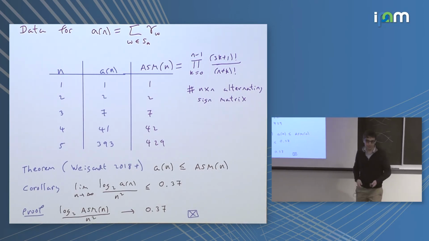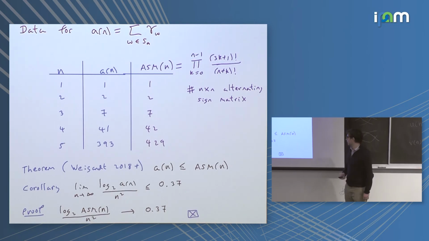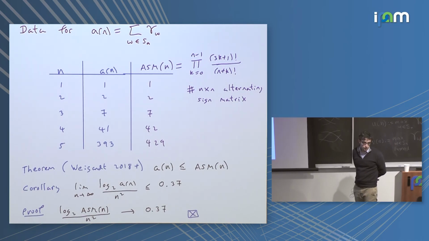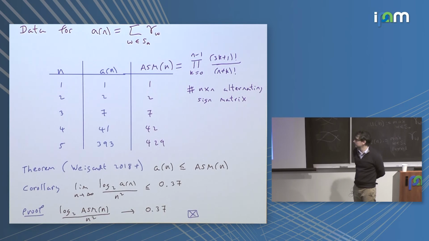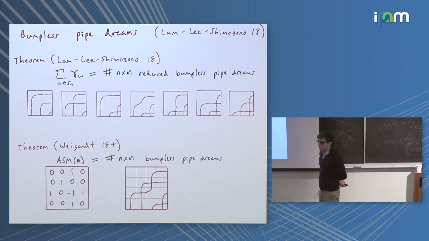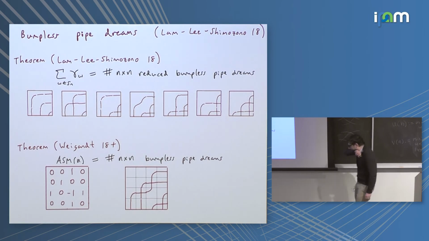Any idea that would help? But you guys use usual pipe dreams, not the bumpless ones, right? That's true, they use usual ones. So maybe there could be some improvement, because there are some empty spaces.